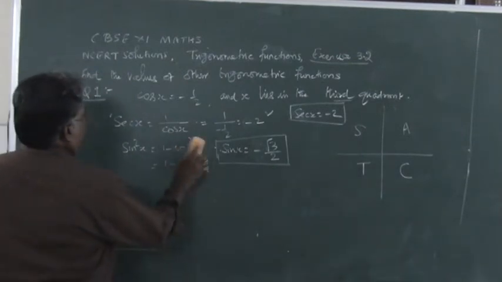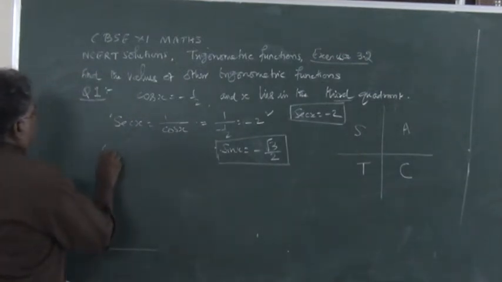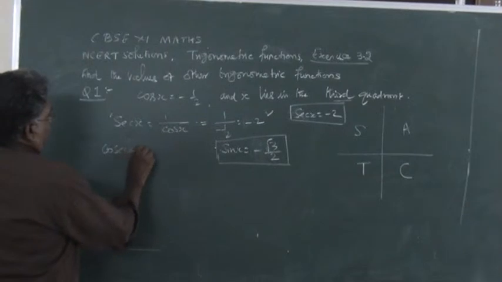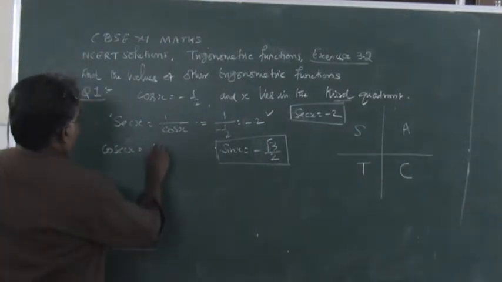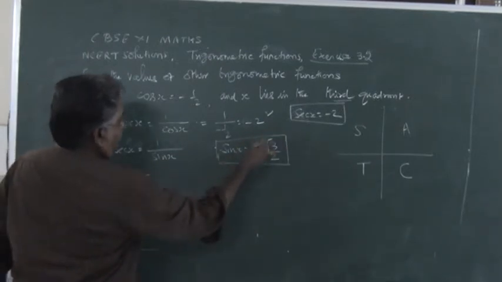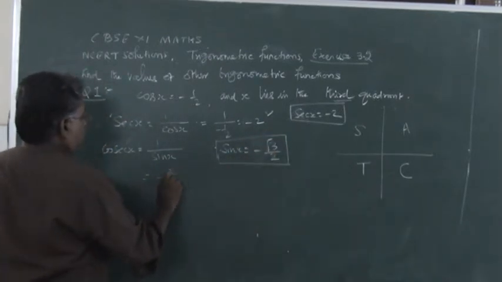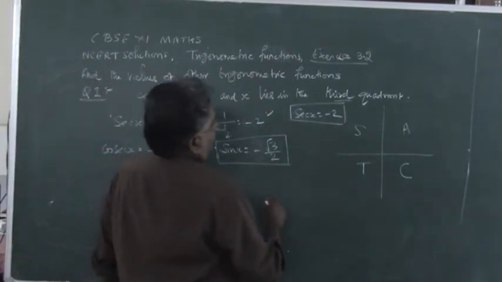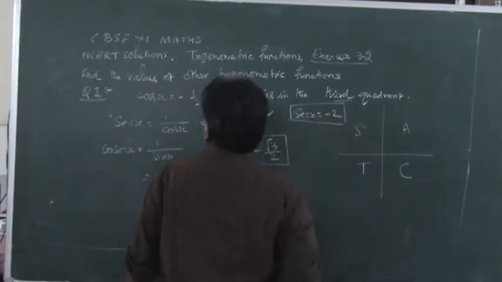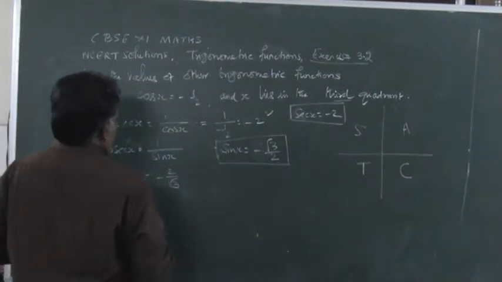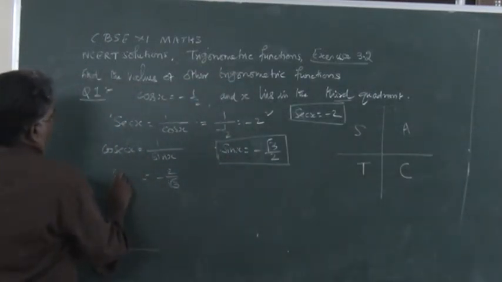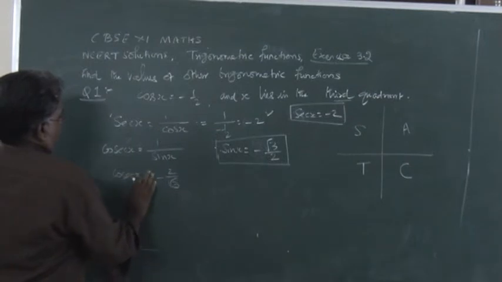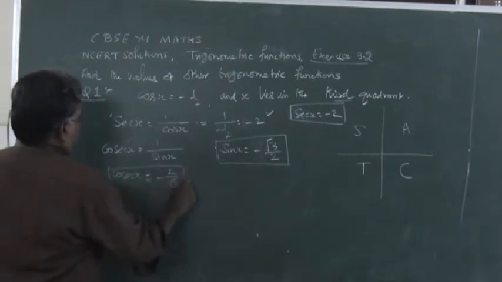So for this, cosecant x is 1 by sin x. Sin x is minus root 3 by 2. So this is minus 2 by root 3. So cosecant x is minus 2 by root 3.